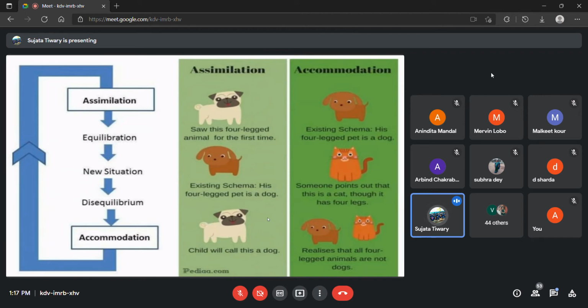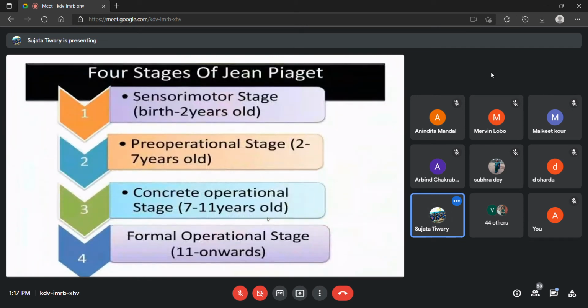So these are the four stages which are outlined by Jean Piaget through his cognitive development theory, as follows.